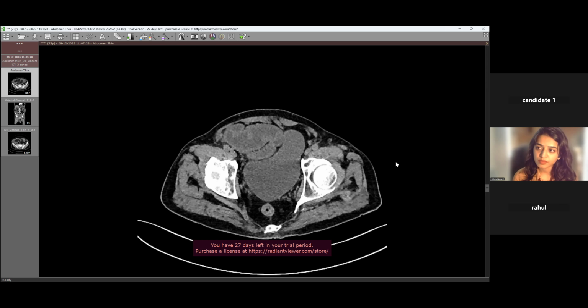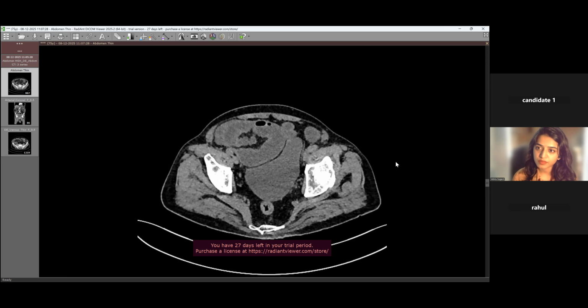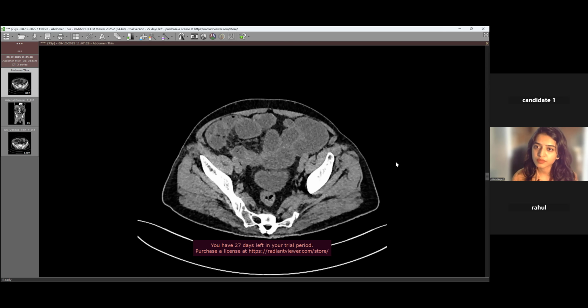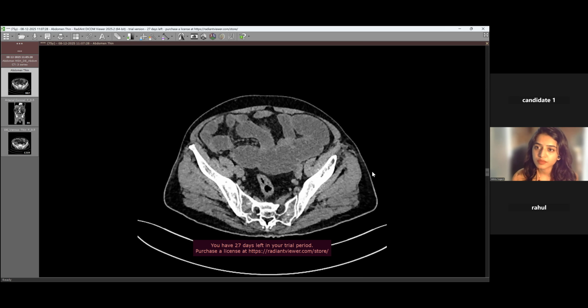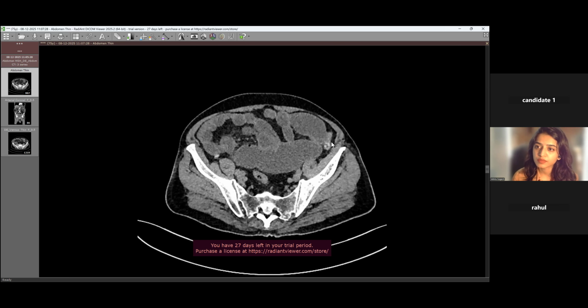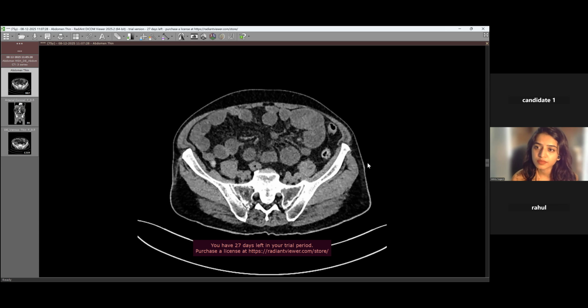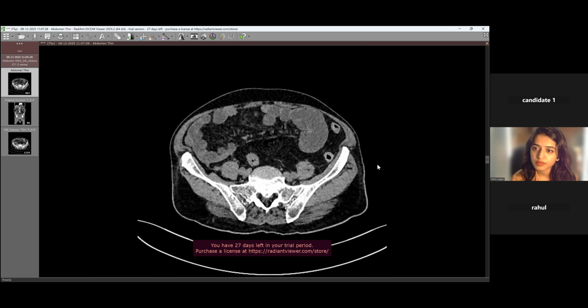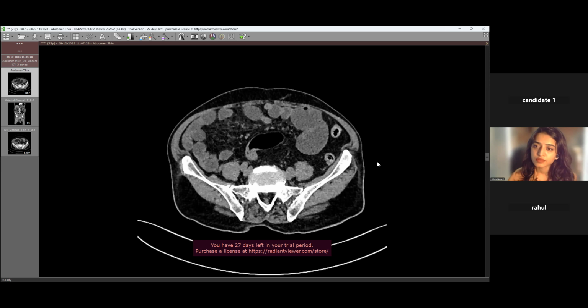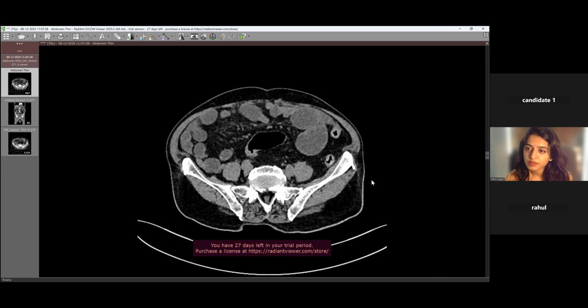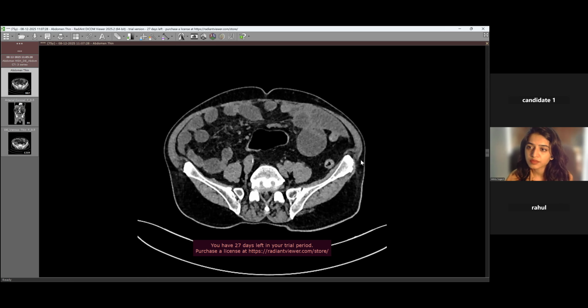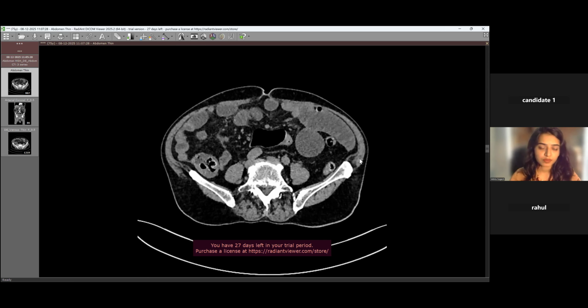I will go back and check for any signs of pneumatosis or any signs of free air. In my regular practice, I would turn the lung window to check for any free air. Other than that, I'm not seeing any collections or any significant ascites. I would cross-check for the portal vein, any portal vein air.